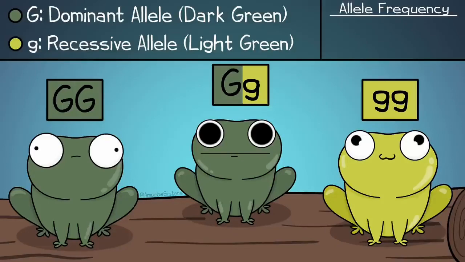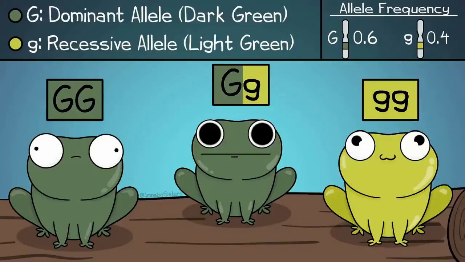There is also an allele frequency in our population. We are going to say here that 60%, a frequency of 0.6, of the alleles are G, and 40%, a frequency of 0.4, of the alleles are g. Notice the percentages add up to 100% and the frequencies add up to 1.